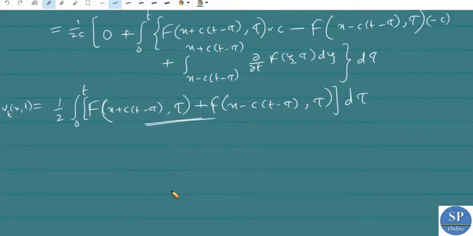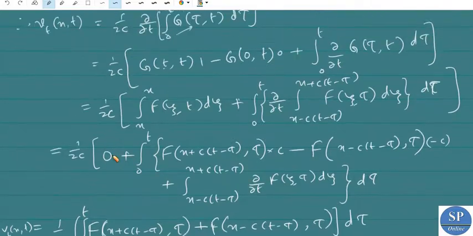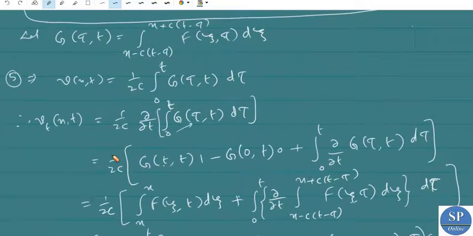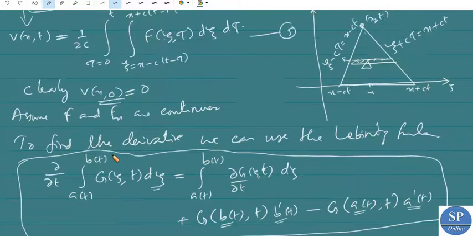So the second condition is actually vt of x comma 0. Therefore we have vt of x comma 0 is equal to 1 by 2 into the integral 0 to 0, that is 0. So we have obtained that v of x comma 0 equals 0 and vt of x comma 0 equals 0.